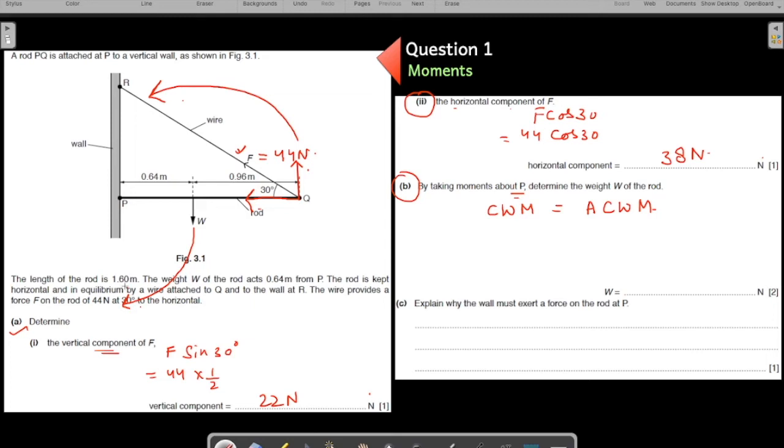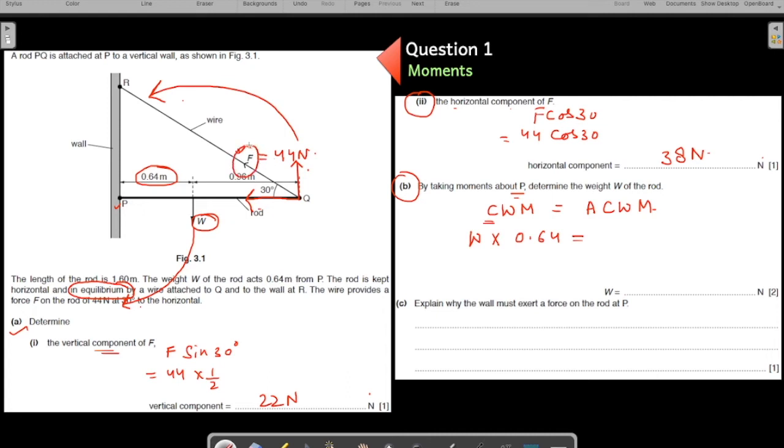Equilibrium means the moments are balanced, right? So what is the clockwise moment? It is because of the weight, right? So this becomes weight multiplied by its distance from P, which is 0.64.